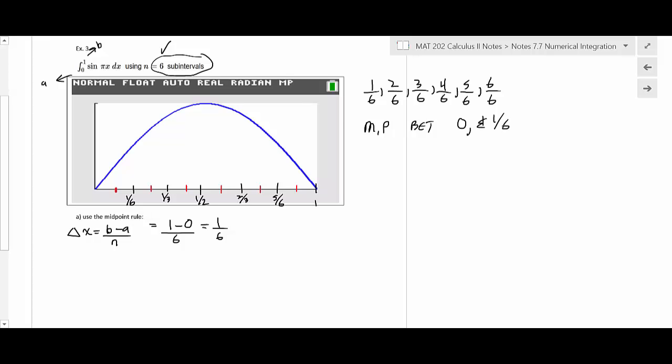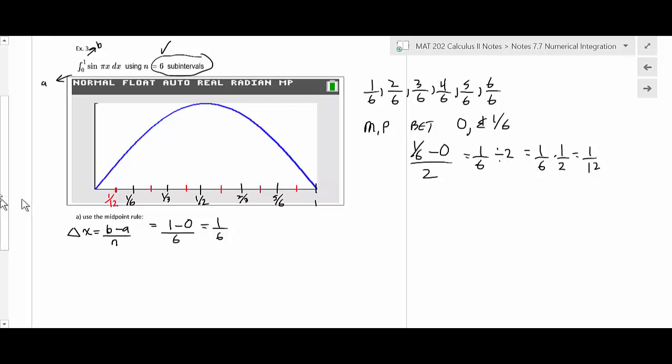You just find the average of those two numbers. So you could go 1/6 minus 0 over 2. That's 1/6 divided by 2, so that's 1/6 times a half, which is 1/12. So the midpoint between 0 and 1/6 is 1/12.